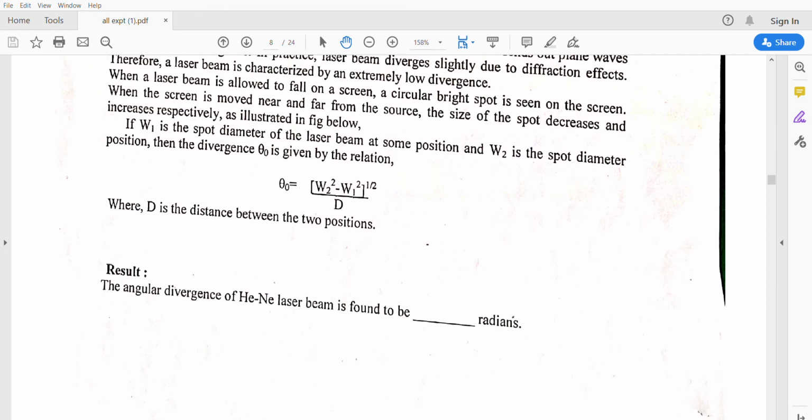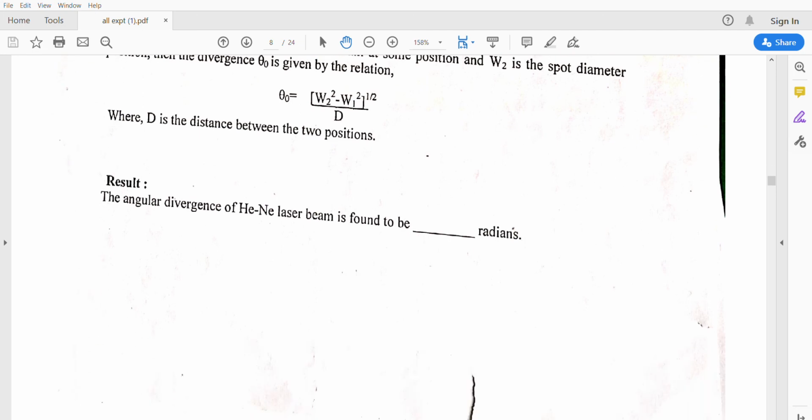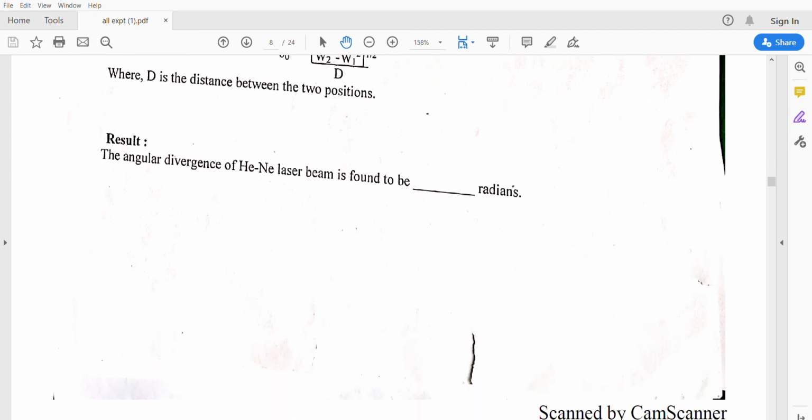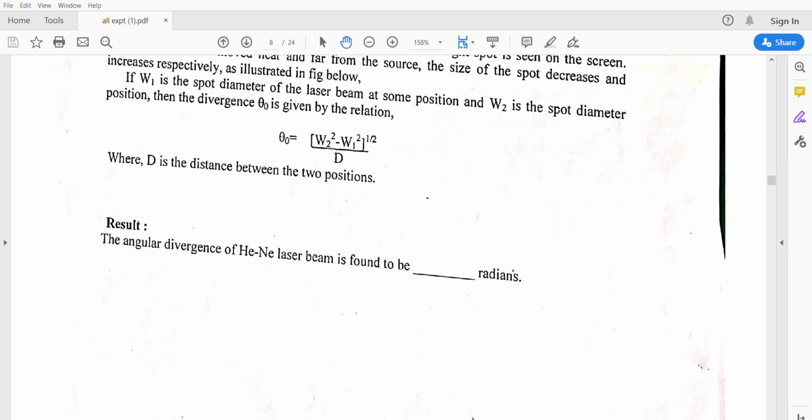If W1 is the spot diameter of the laser beam at one position and W2 is the spot diameter at the other position, then the divergence theta naught is given by the relation theta naught is equal to the square root of W2 squared minus W1 squared, upon d, where d is the distance between the two positions. Substituting the W1 and W2 values for the three cases in the above formula, we calculate theta naught every time.